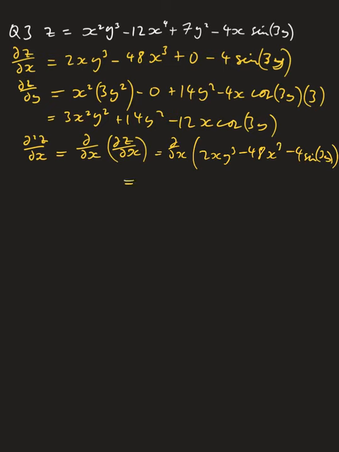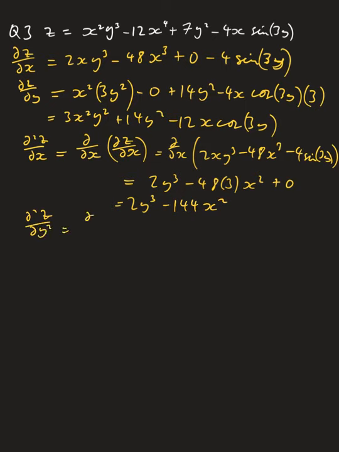So that 2xy cubed becomes 2y cubed. 48x cubed becomes minus 48 times 3 times x squared, and there's no x's in that last term, so that just becomes 0. So I get 2y cubed, 48 times 3 is 144. And that's my second derivative with respect to x.